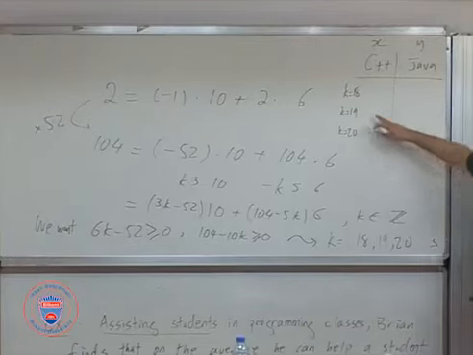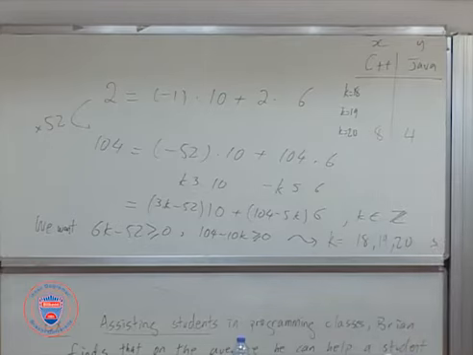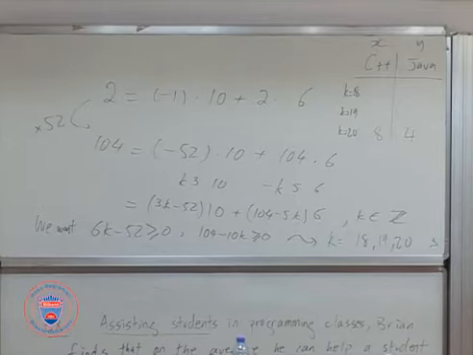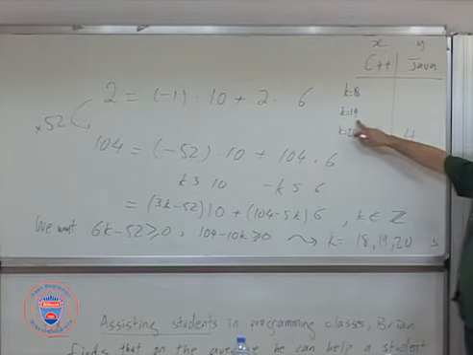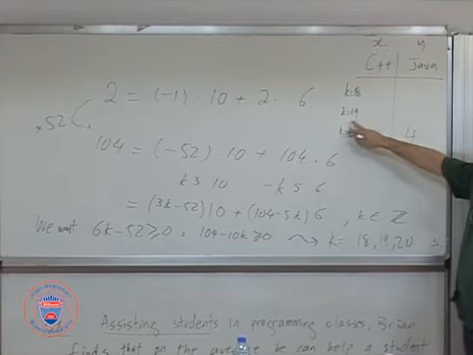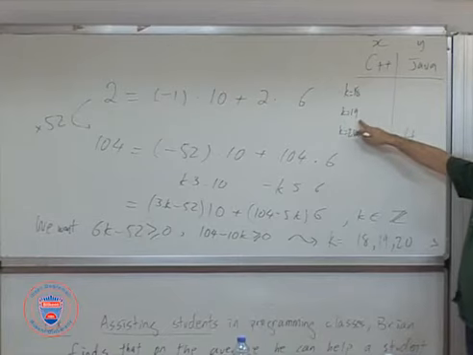What you get for 19, can you see? 19 times 3 is 57? What's 3 times 19? 57, right? 30 plus 27, 57.